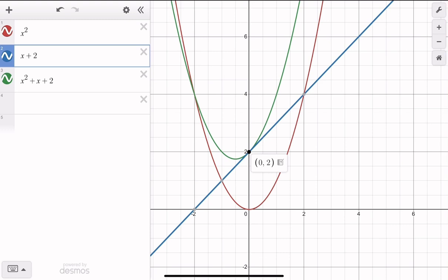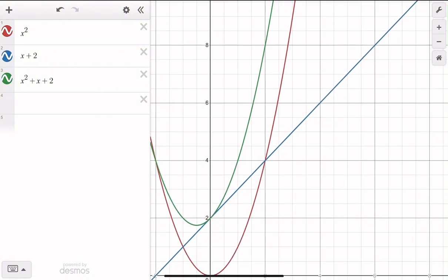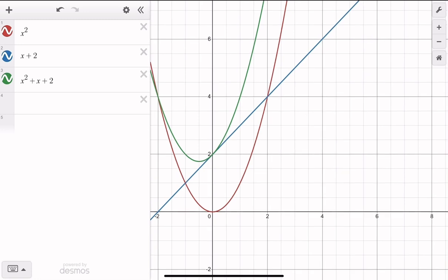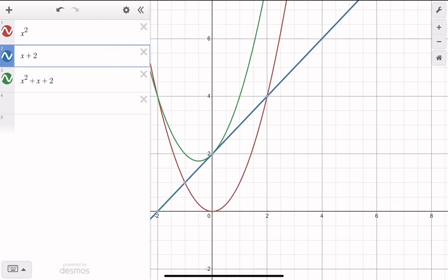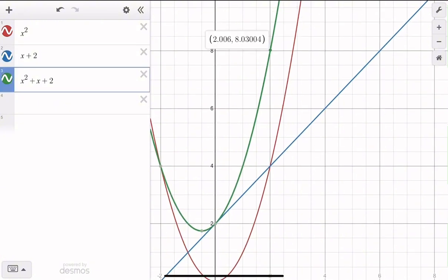If we look at another point, for example x is equal to 2, we have both x squared, f of x, being equal to 4, and x plus 2 also equal to 4. We can see that the value of the green line is 8. Since f of x is equal to 4 and g of x is equal to 4, then f plus g of x should be equal to 8, which makes sense.